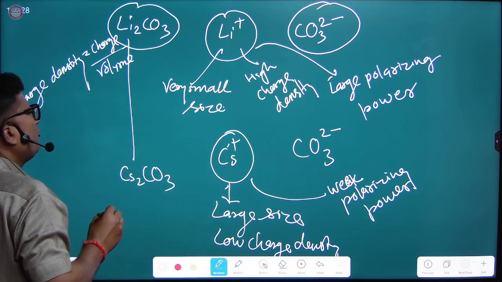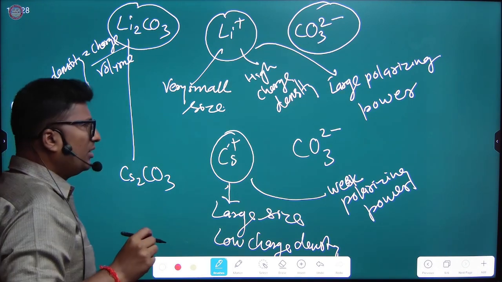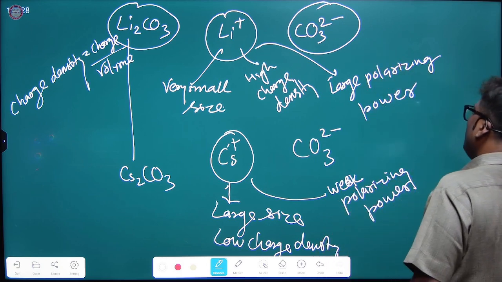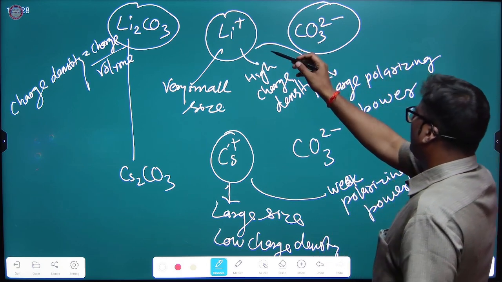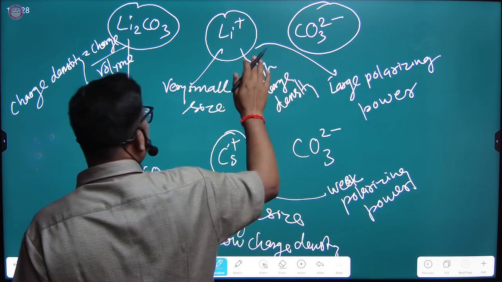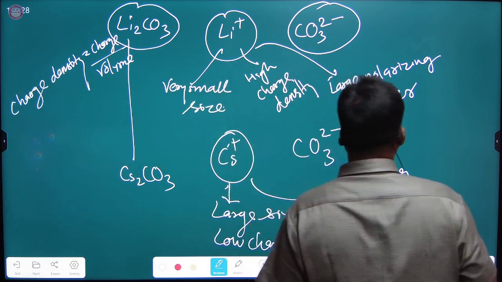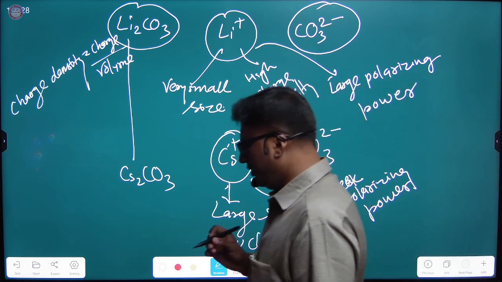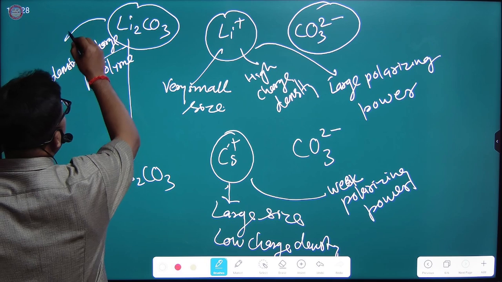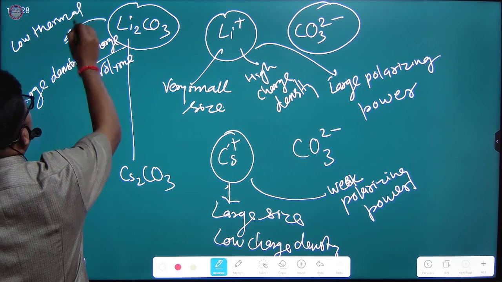It has some sort of covalent character also because of the polarization effect, since this polyanion has high polarizability through the lithium cation, right? So the structure of the carbonate ion is destroyed. So that is why it is easily decomposed at 600 degrees centigrade and it has minimum thermal stability, that is, low thermal stability.